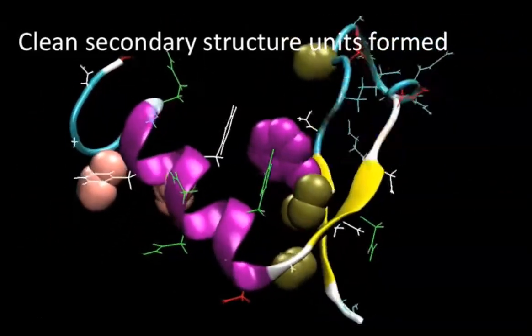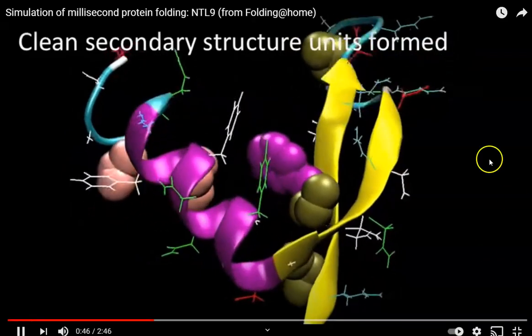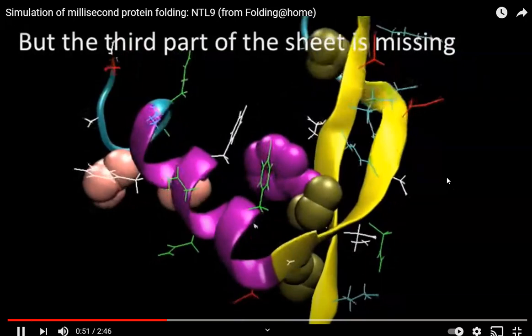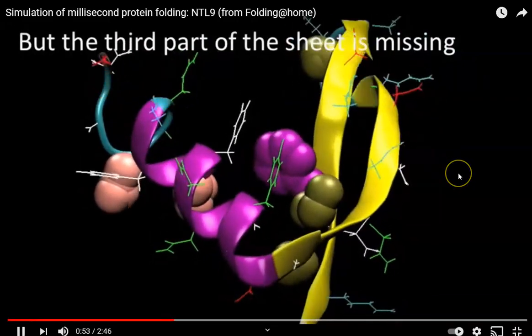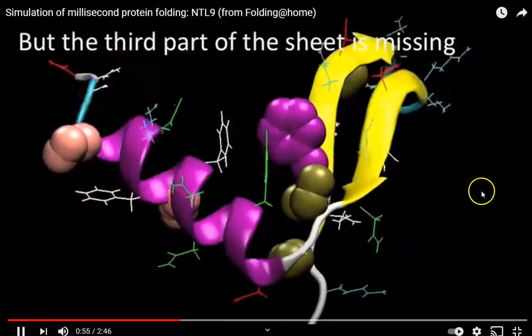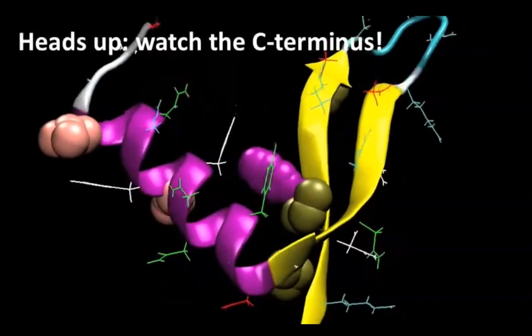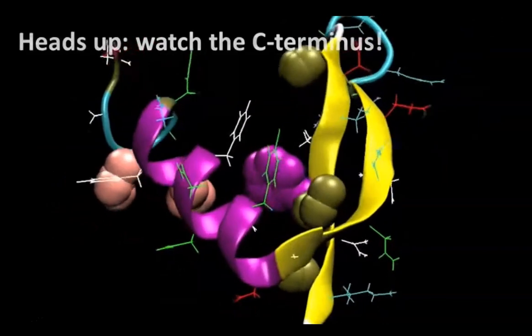Now we're going to form our clean secondary structural units. So that's the beta sheet over here, but we're not finished yet. The third part of the sheet is missing. If you look over on the left, the C terminal is going to swing in. So watch the C terminus.